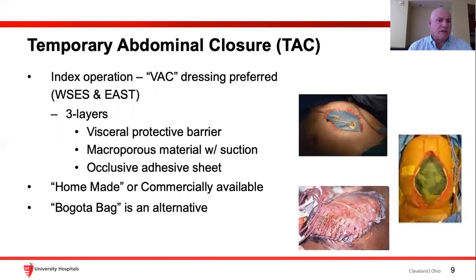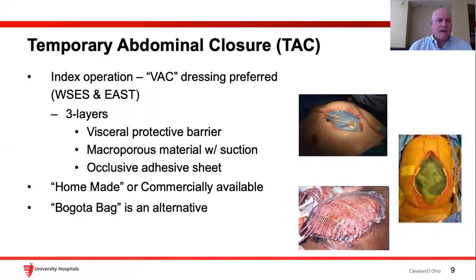Really, there's only one major approach at this time that's preferred for temporary abdominal closure after the index operation. That is the vacuum-assisted closure dressing that may be homemade or commercially available. This is made up of 3 layers, with a visceral protective barrier on top of which macroporous material with suction are applied, and an inclusive adhesive sheet is placed to contain the entire dressing.